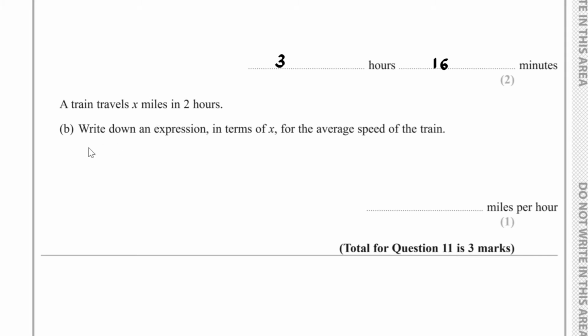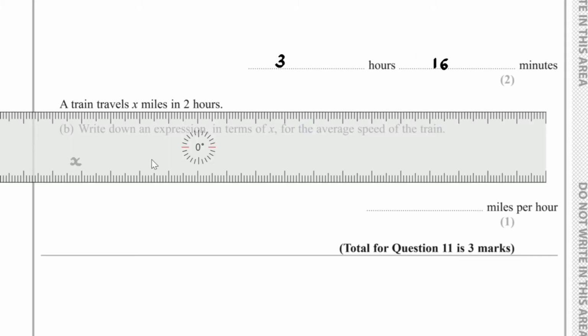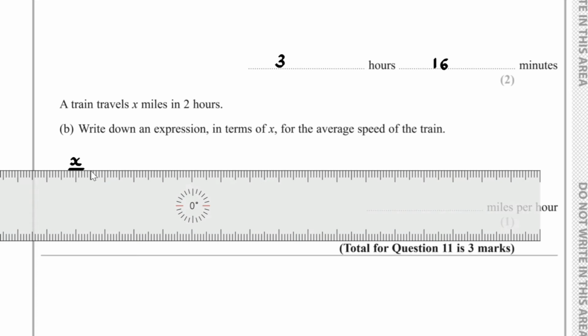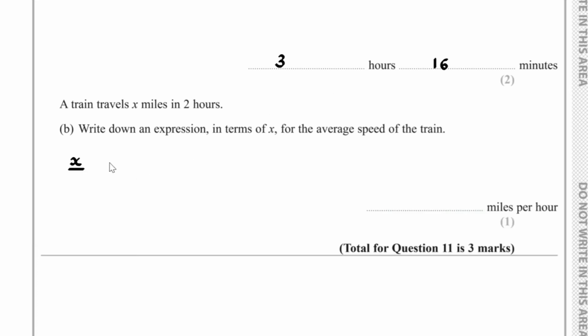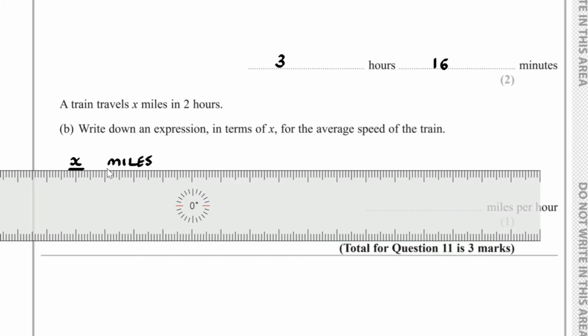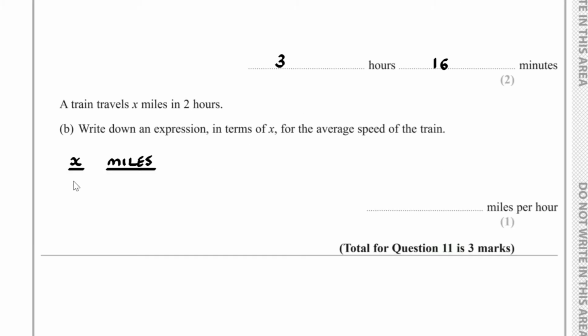Well, we have over here X miles travelled into 2 hours. And so for our expression for the average speed in miles per hour, we have X over 2.